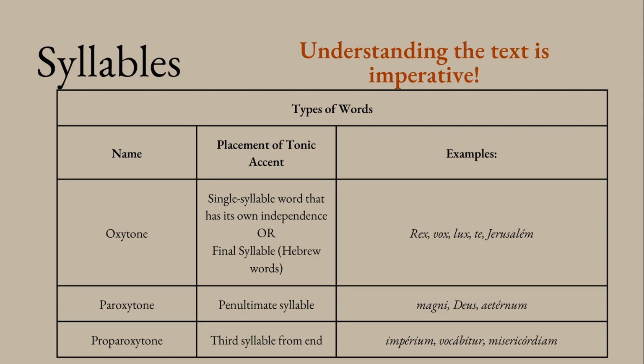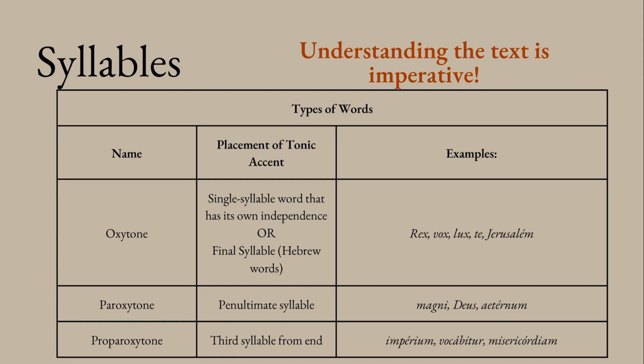We have different types of words that have these different placements of their tonic syllables. Again, you can see understanding the text is imperative. We have oxytones. Yes, it does have the same root as OxyClean, right?